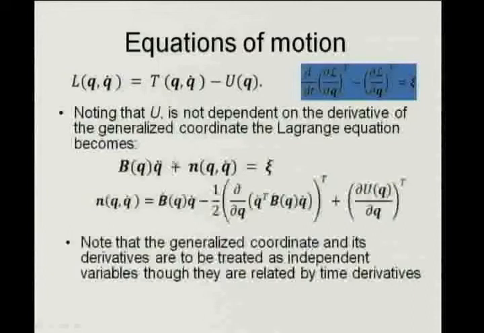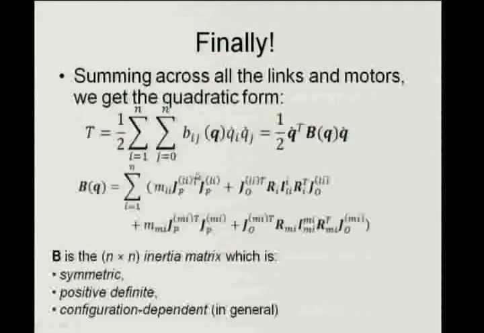So this equation is going to end up looking like B(q) q double dot plus a matrix n, which will be a function of both q and q dot. And why will you get B(q) q double dot? I will flick you back. See, B is in this form, so if you take a derivative with respect to q dot, you will get a q double dot term.